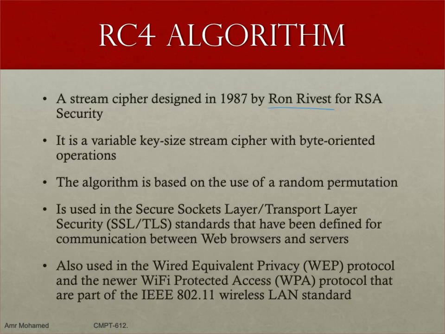RC4 is named after Ron Rivest of RSA Security. It is a variable size stream cipher with byte-oriented operations, and we'll see how we can generate recursively any random sequence with arbitrary size.